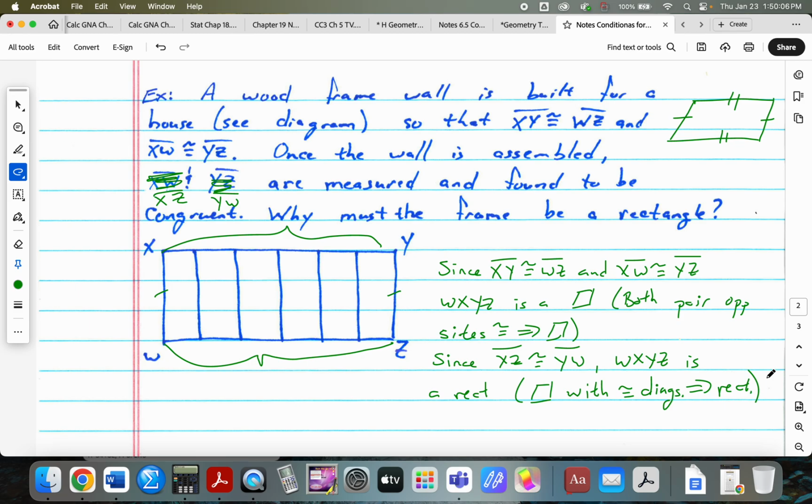So the first step is always, do we know that it's a parallelogram or not? Sometimes they'll tell you, sometimes they won't. And then after it's a parallelogram, you need to see, does it have the other qualities that we need?